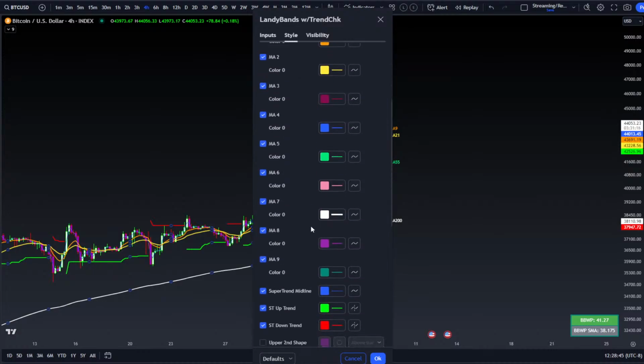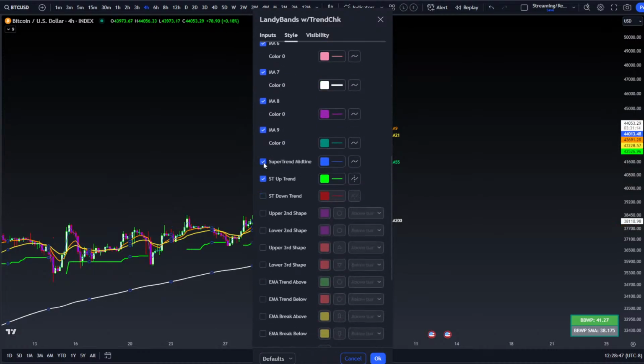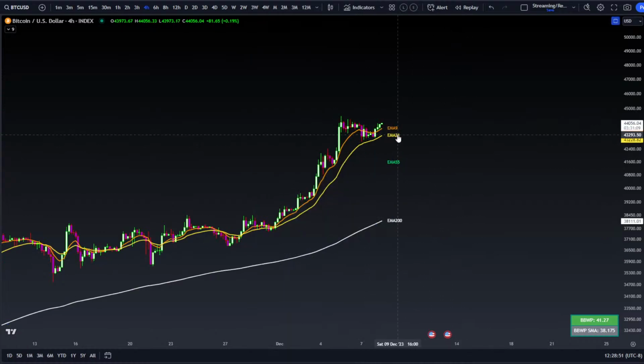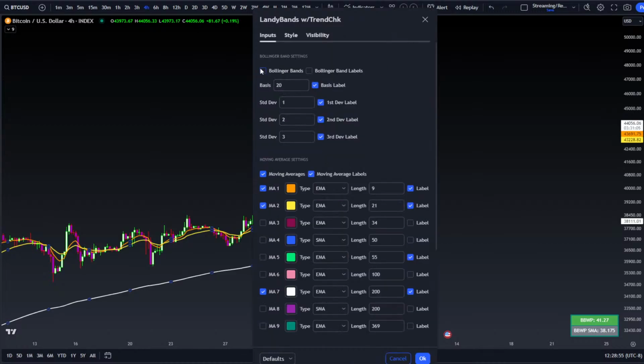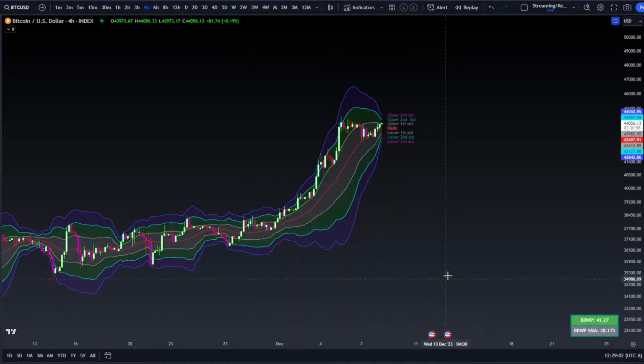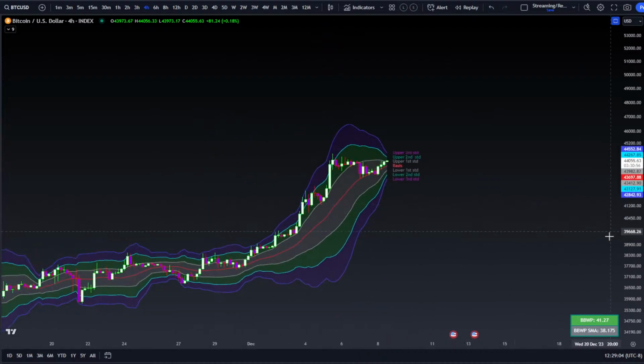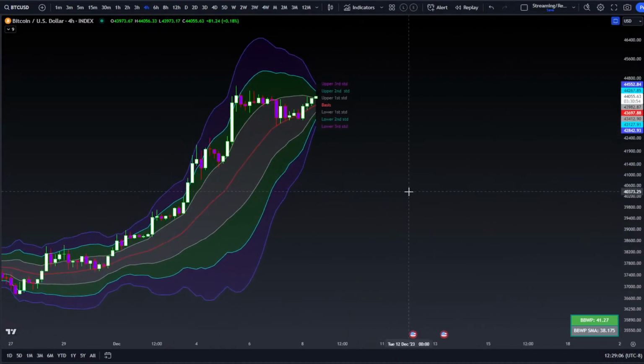And again, this is all because there are people who don't have TradingView plans that can support a bunch of indicators. So if you do want to, you have access to pretty much everything you would need, generally speaking, here in one indicator, so you don't have to add multiple indicators to your chart.